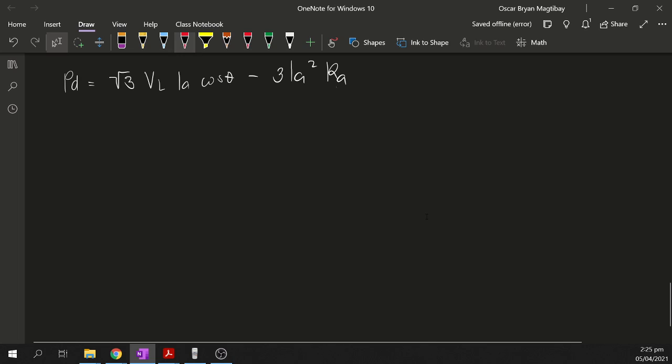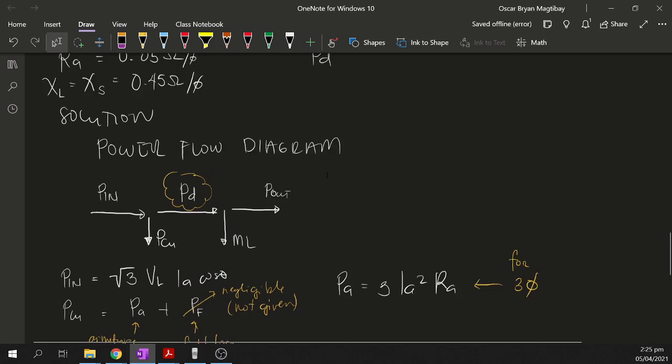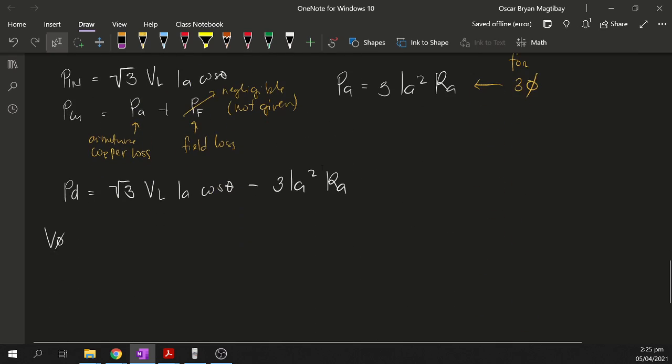So, solvein muna natin yung mga parameters na kailangan natin. Una, kailangan natin ma-solve si V-phase. V-phase is equal to, ano ba natin kukuha nito? VL over square root of 3.